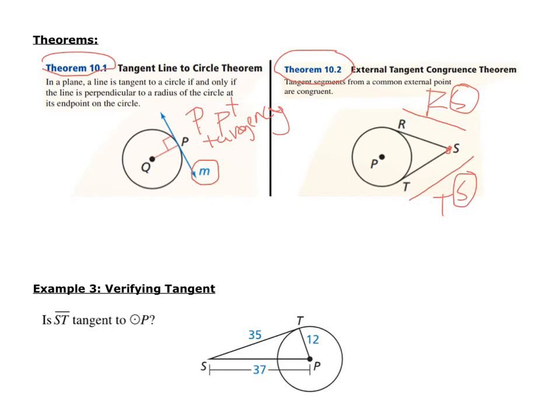Remember, external means outside. They're both sharing that same point. Well, they're both tangent lines and they share the same point, S, so they're congruent. That's what they're talking about. So if RS equals 10, TS equals 10. Why? Because they're both tangent lines and they share the same outside external point.